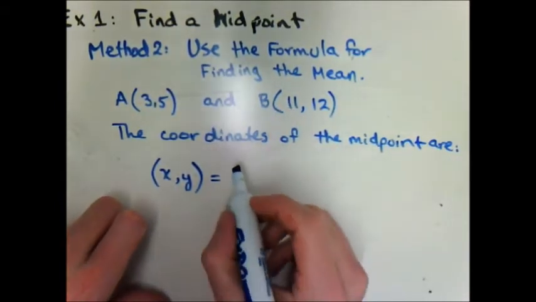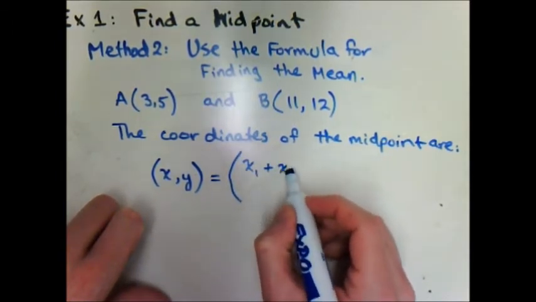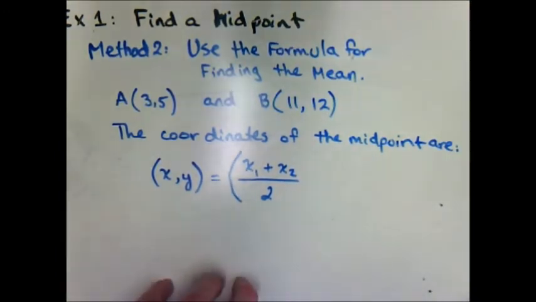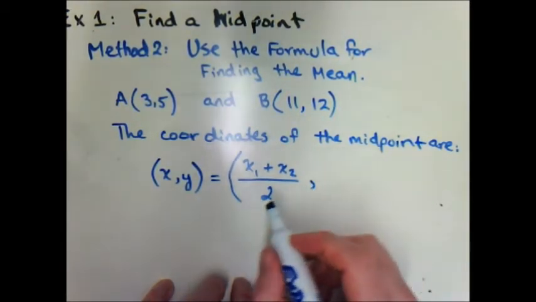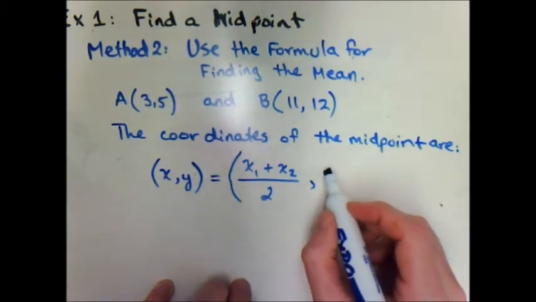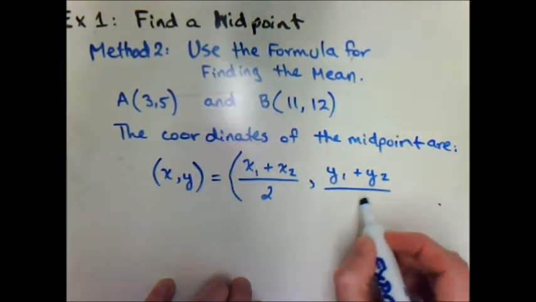To find the average of anything, all I have to do is add them together and divide by 2, right? Divide by as many points as there are. Which means my y coordinate for my midpoint is going to be y1 plus y2 divided by 2.